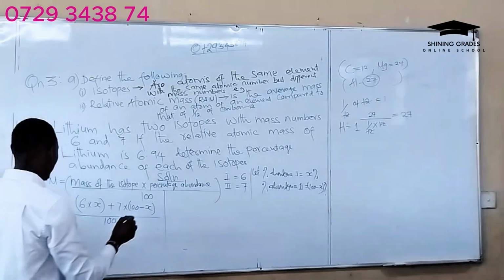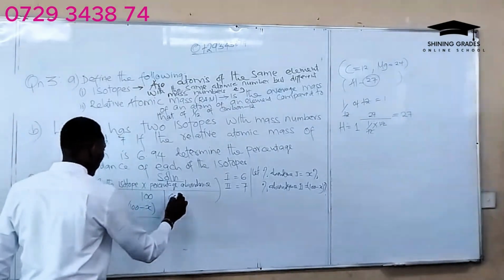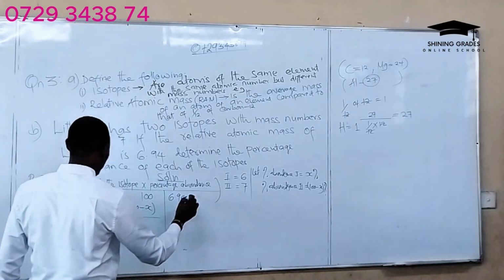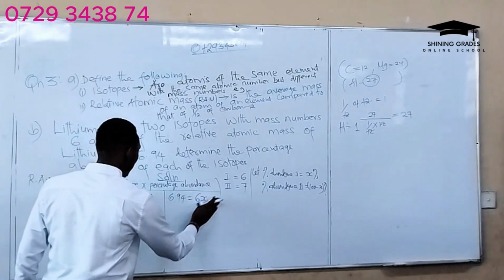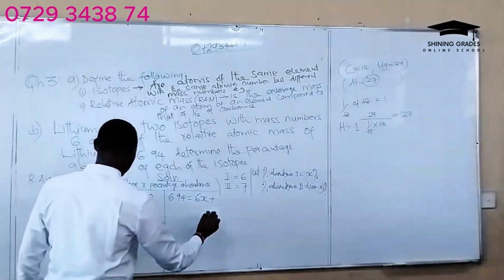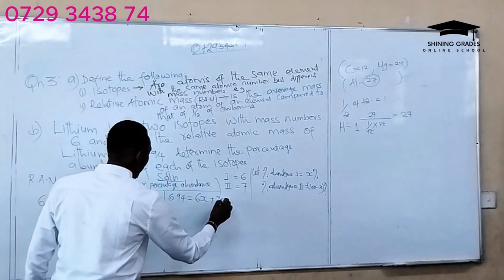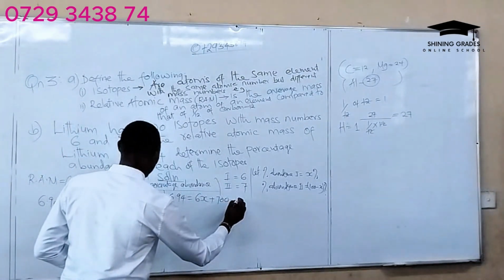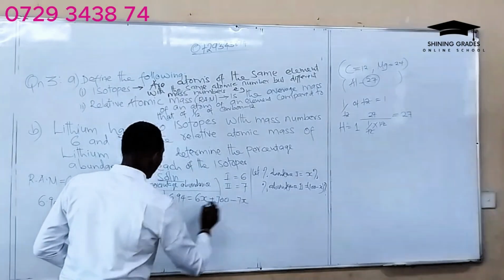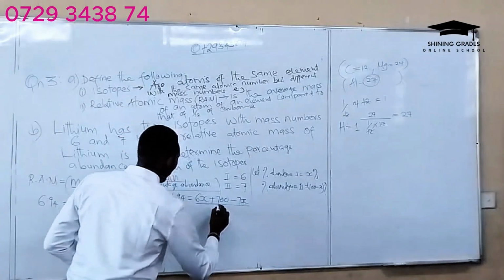I have 6.94 equal to 6x plus 700 minus 7x over 100.